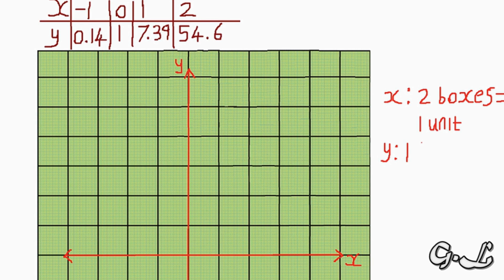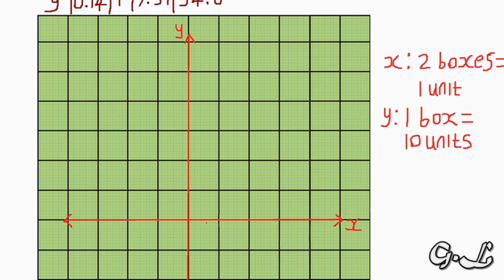So we're going to say one box on the y-axis represents 10 units. In case you're wondering where the two boxes are coming from, those are the two boxes that we're talking about. After you complete two boxes, just know that that's when you're going to have 1 unit.